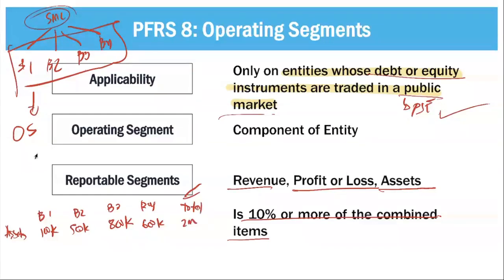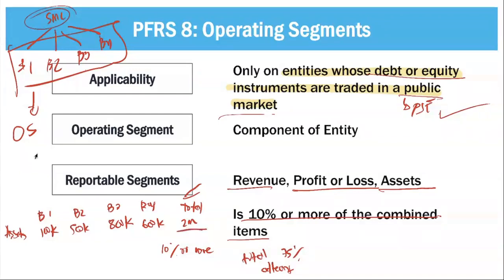So you need to test if ever it is 10% or more. Okay. It must be 10% or more, and total should be at least 75%. So you test out of the total assets, is it 10% or more over the combined items? So our combined items is 2 million.